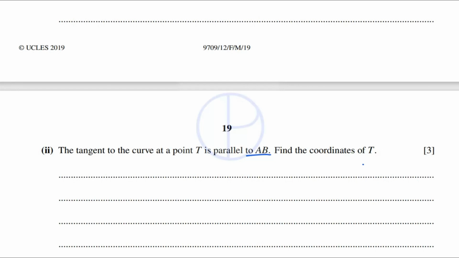So the tangent to the curve at T is parallel to AB. So this tangent will have the same gradient as the line AB.